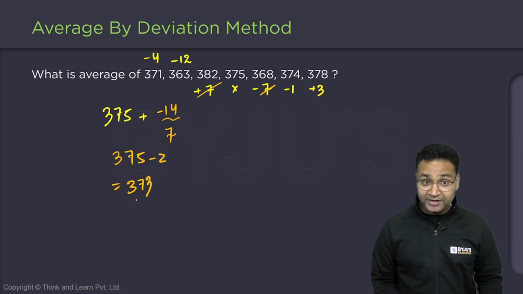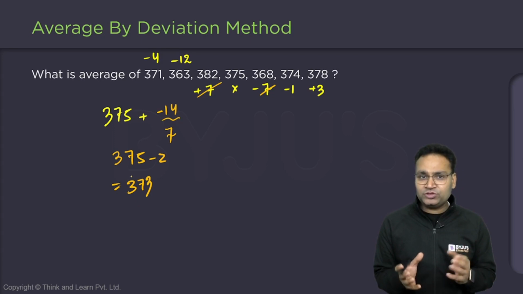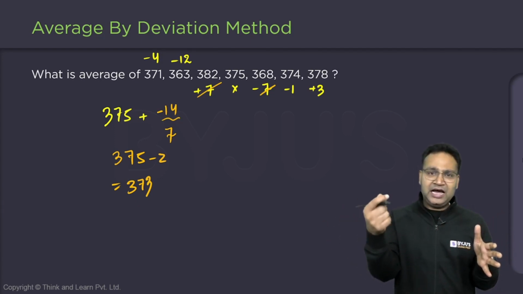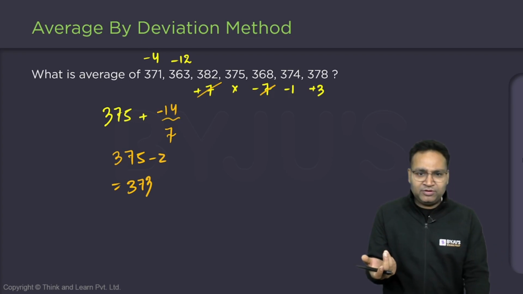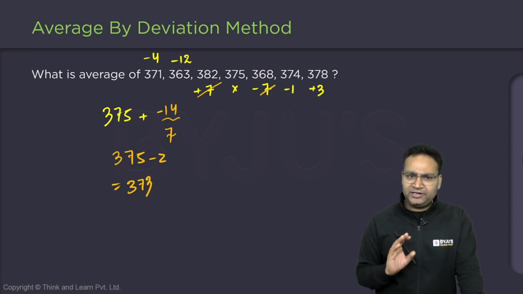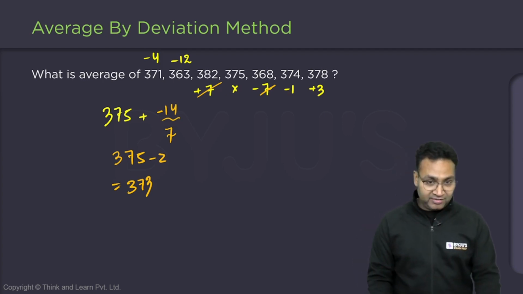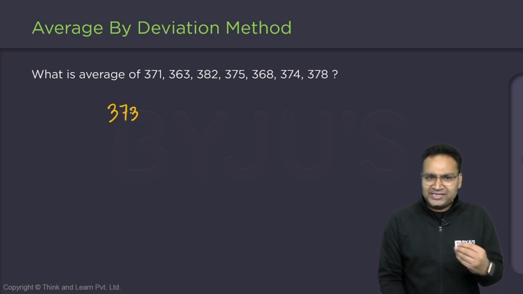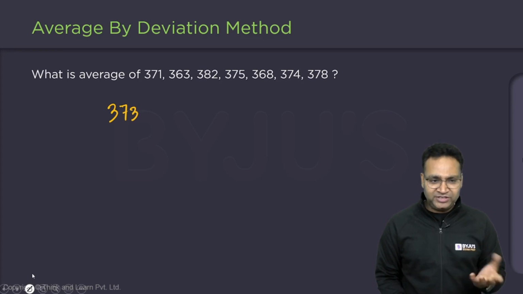Be careful, right? So what is this approach? Instead of adding all these big numbers, I have imagined a number which I can estimate as an average, and I have taken the deviation from that number. Now, what if I had estimated that 373 is the average? Let's say it is my choice. Let's see whether my answer would have changed or not.